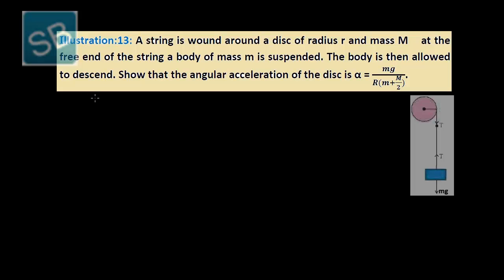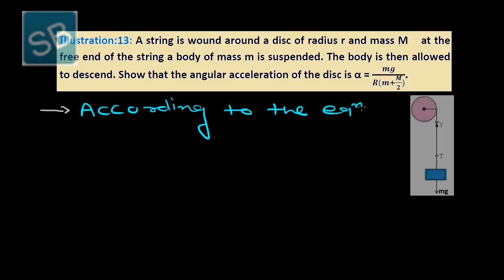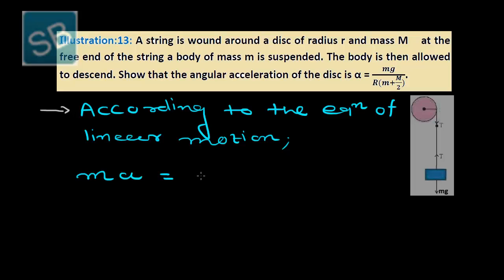So according to the equation of linear motion, we can clearly say that the force in terms of acceleration, ma, is equal to the gravitational force minus the tension force.